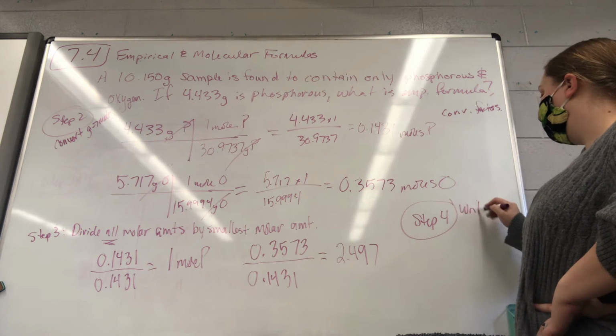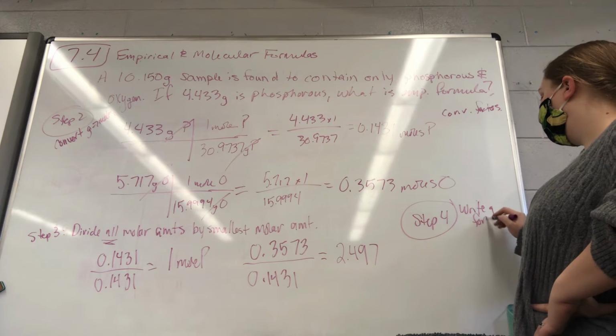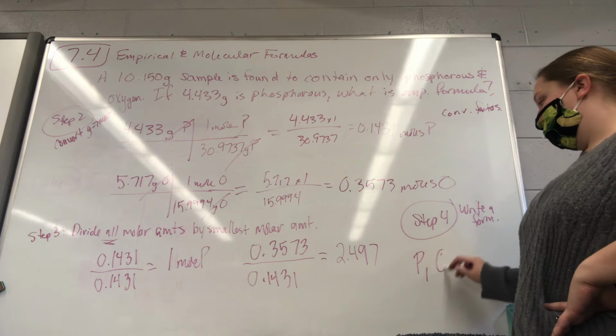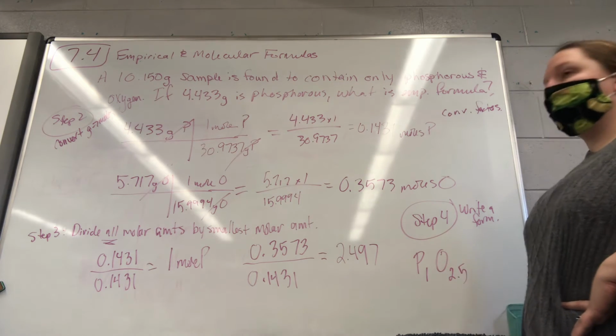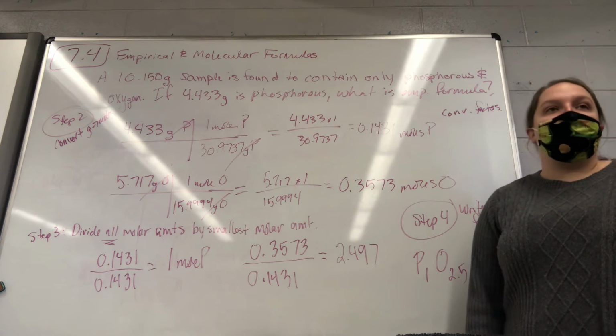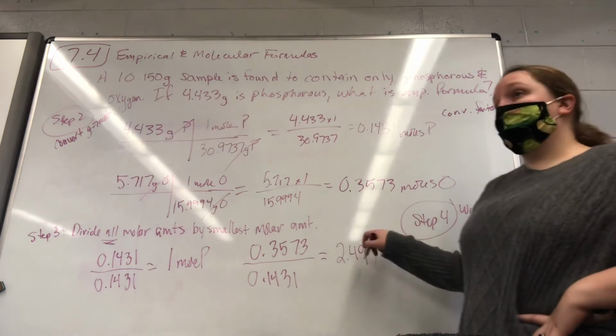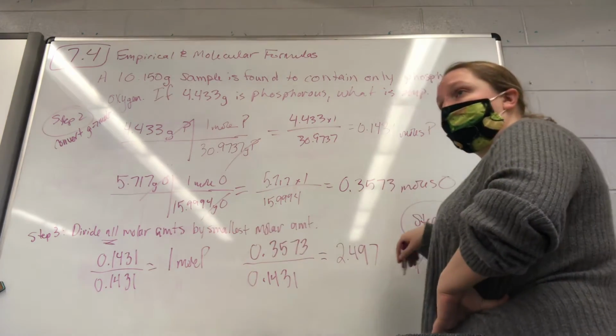Write a formula. Is that a valid formula? Has to be a whole number. No decimals in my chemical formulas. What can I do to get rid of the decimal? Times phosphorus by 2. Couldn't we multiply everything by 2 to get these numbers to whole numbers?